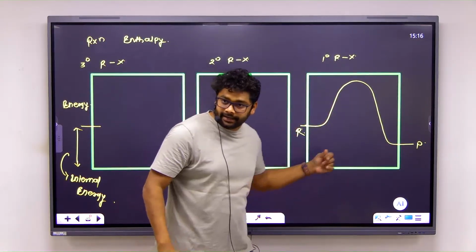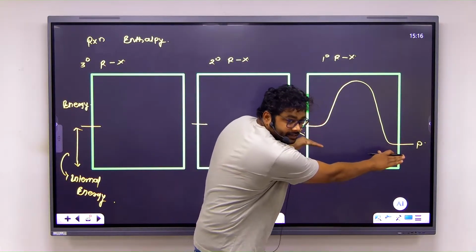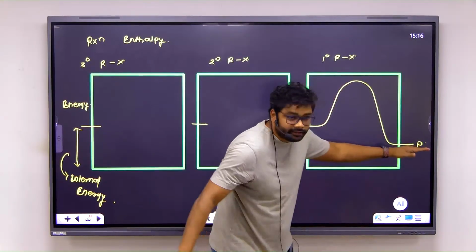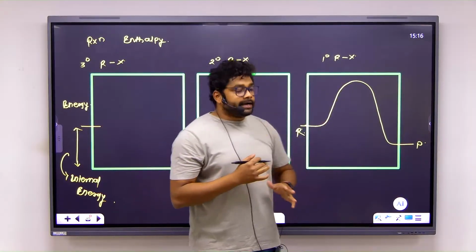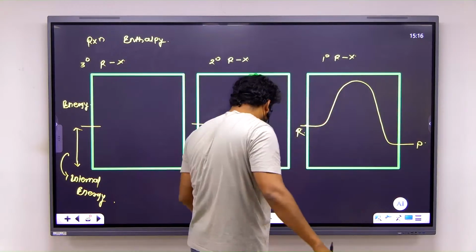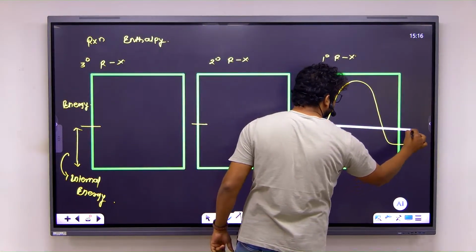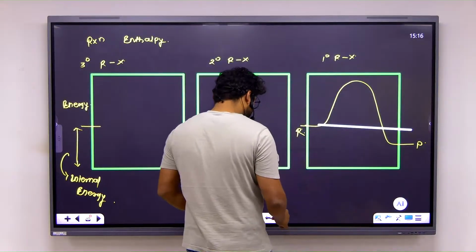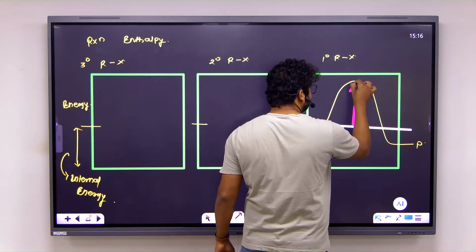This has higher energy than this. Why? Because the reactant has higher energy than the product. First point. The second point is: you provided lots of energy. You have provided lots of energy to this to make it a product.